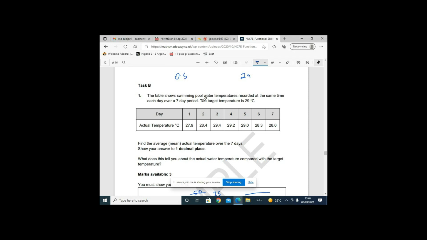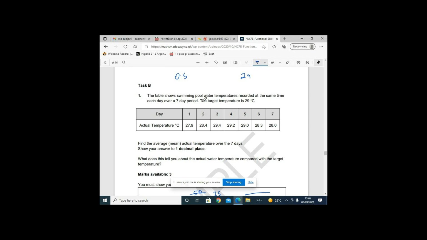Sorry, above 0.5 and below 29. What is the probability of picking a temperature that is above 0.5 and below 29?